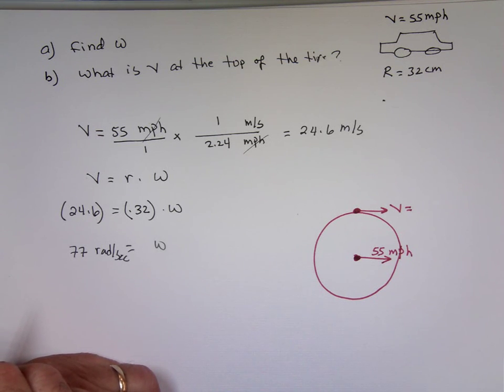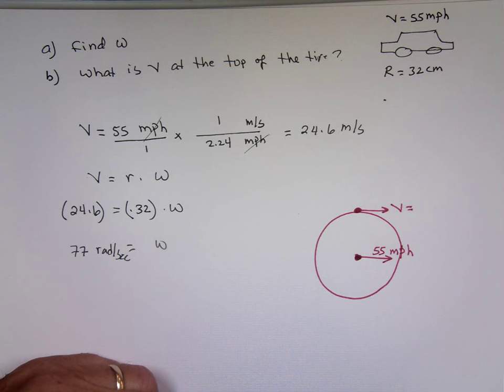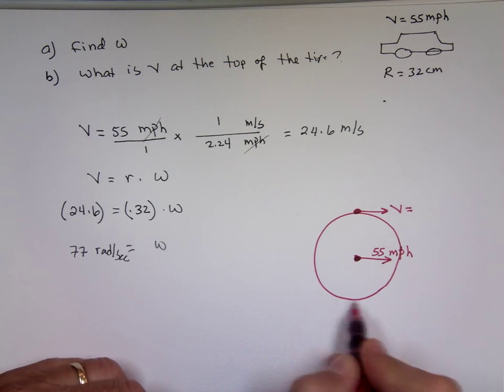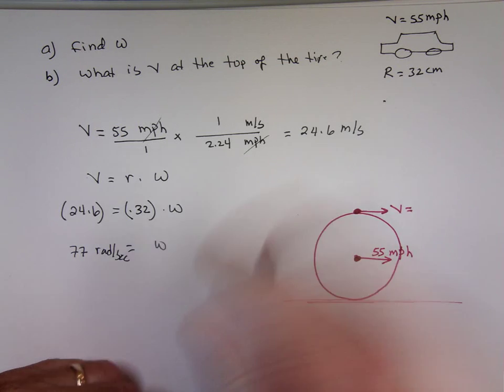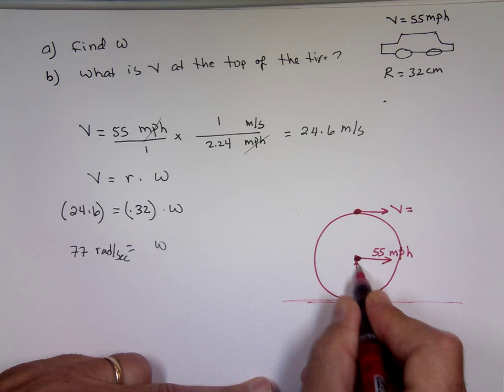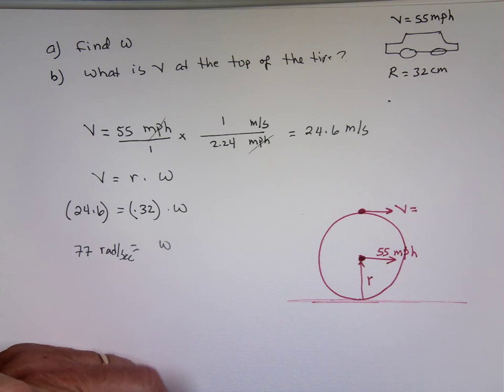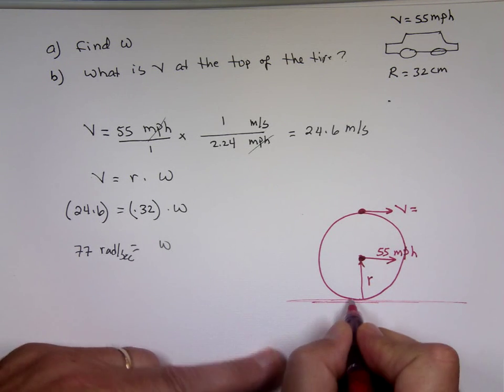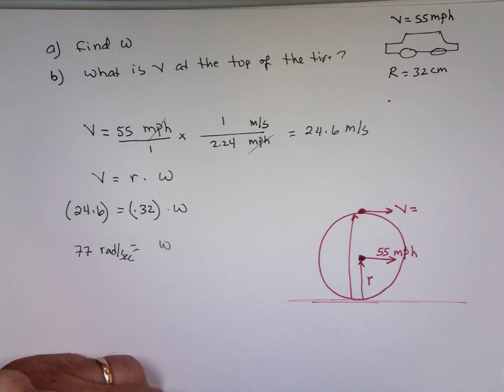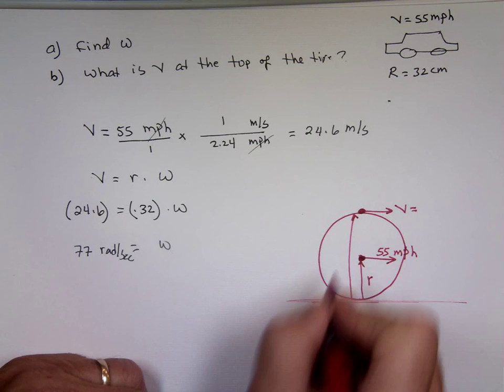Well, if you think about this now, if you see the wheel spinning around, turning on the ground, that point is actually how far from it? That's R, right? And what's that distance all the way up there? 2R. Yes, twice that number.